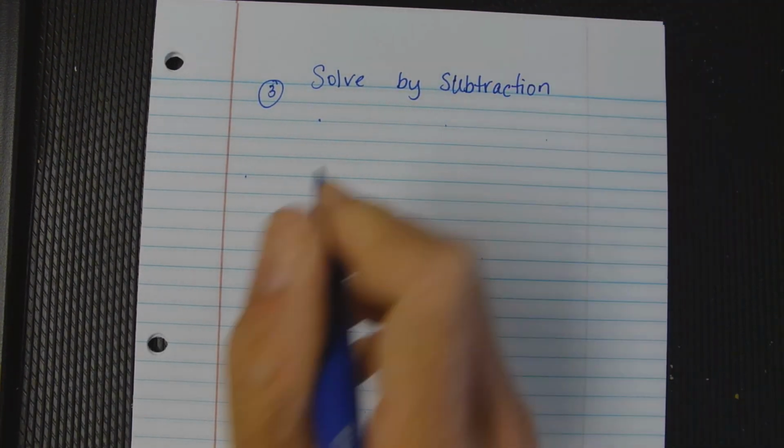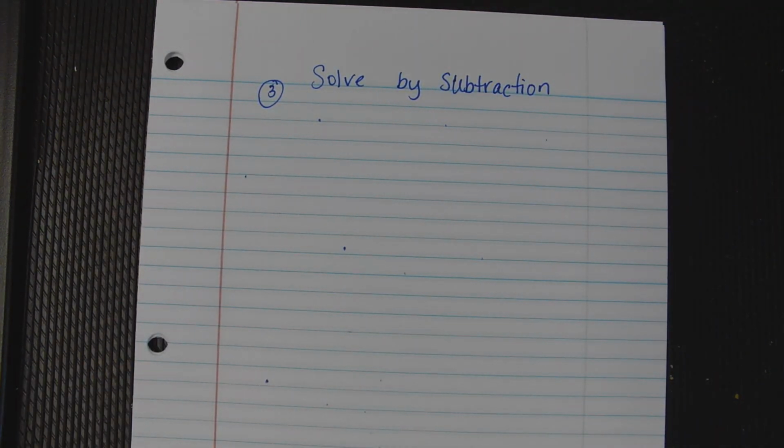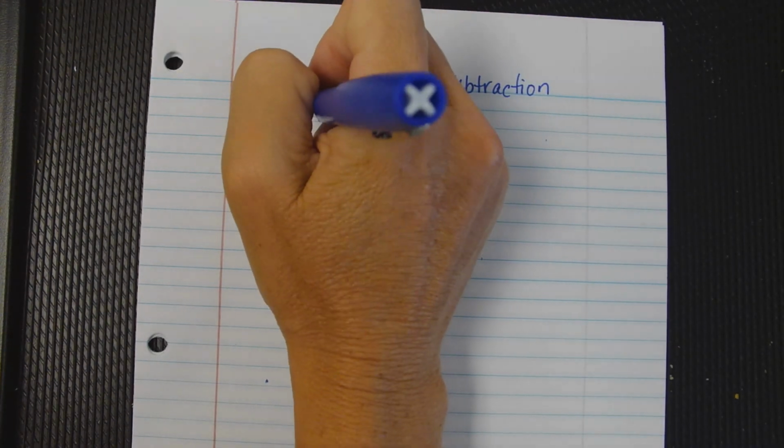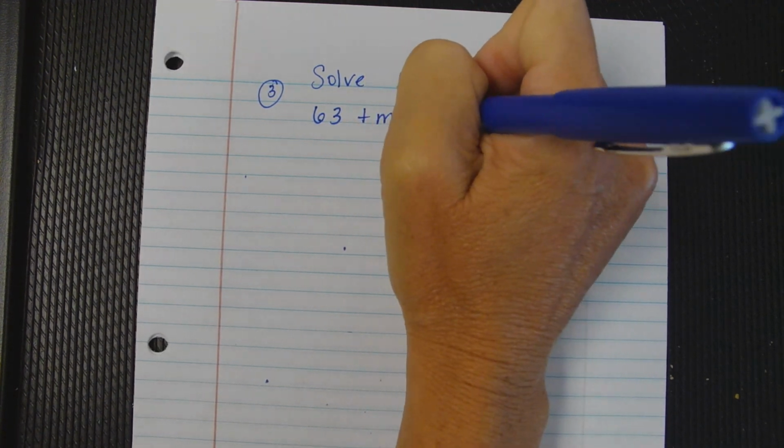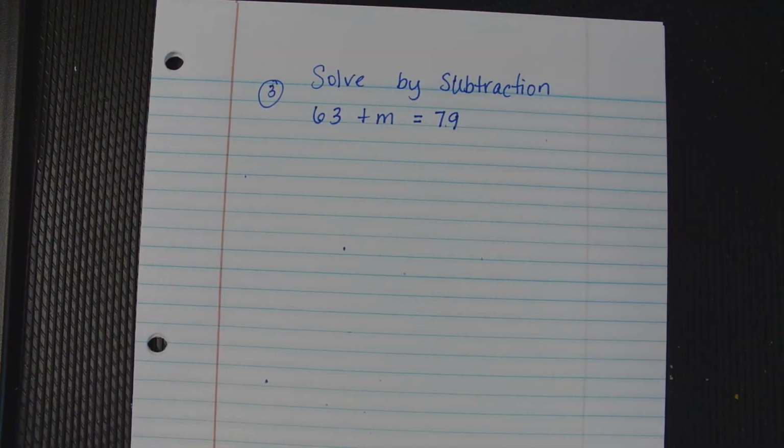subtraction. $63 plus M equals 79. Locate your variable, look at the operation, think about how you can cancel out, and then do the math.